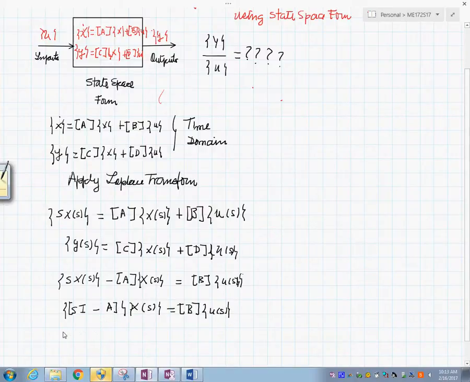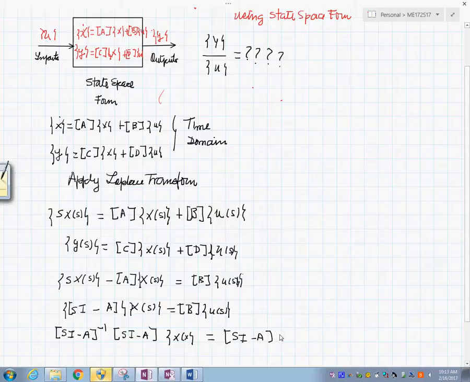Now if we multiply by the inverse of sI minus A, the inverse times (sI minus A) times x of s would be equal to (sI minus A) inverse times B, times U of s.